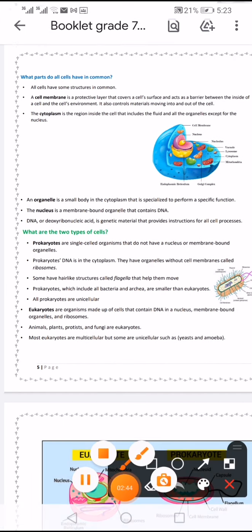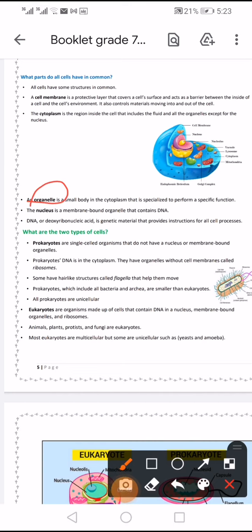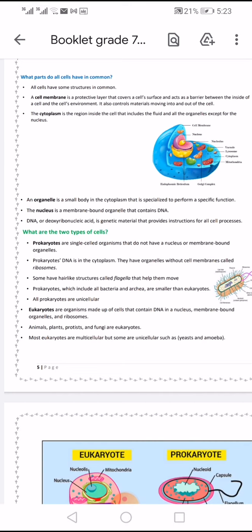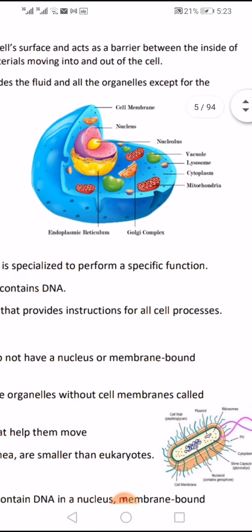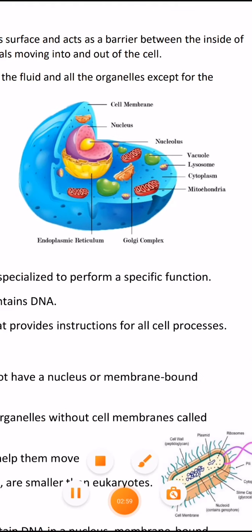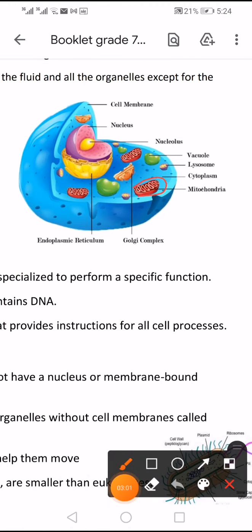So what is meant by organelles? An organelle is a small body in the cytoplasm that is specialized to perform a specific function. Organelles are like organs inside a human. This is an organ, and this is an organelle.